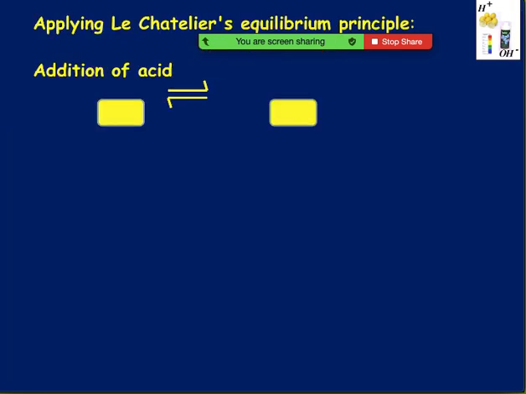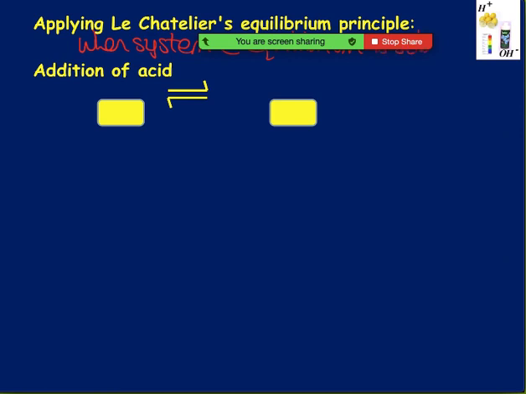All right. So, can we remember what Le Chatelier's principle states? When a system at equilibrium is subject to a stress, the position of the equilibrium will shift to minimize the effect of it.